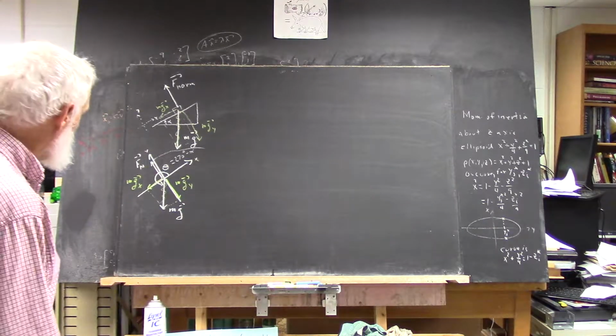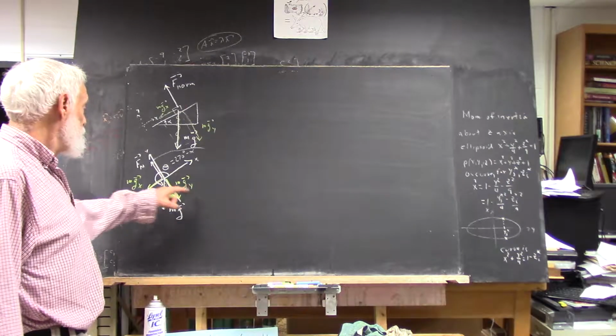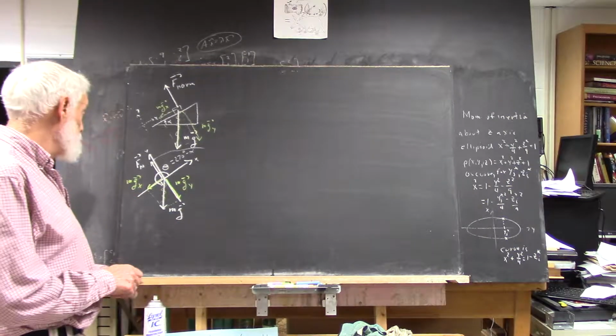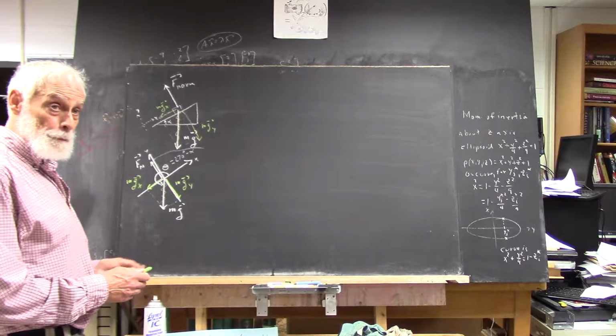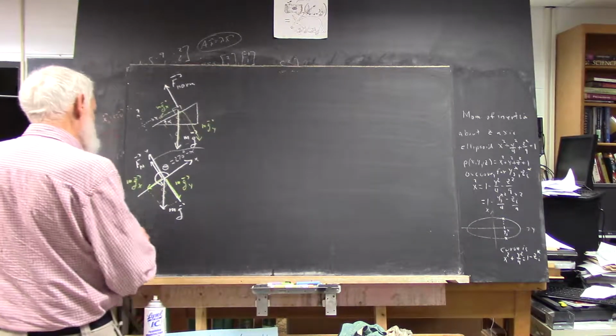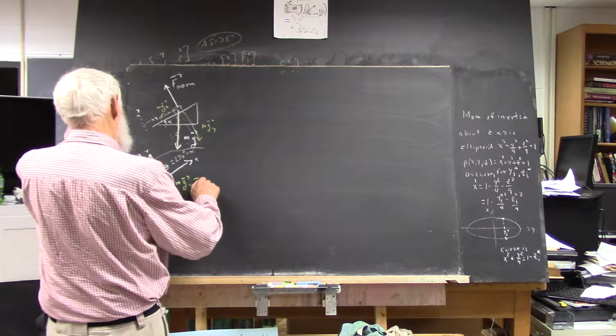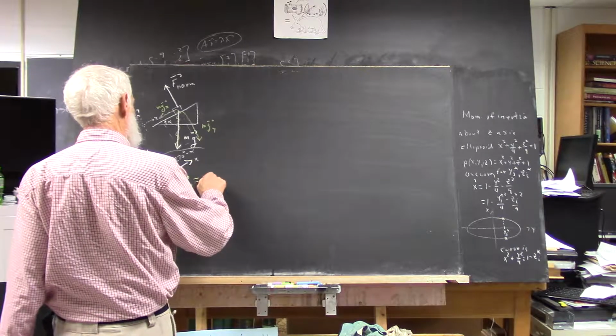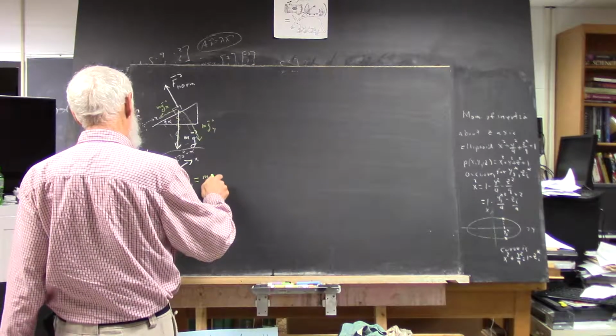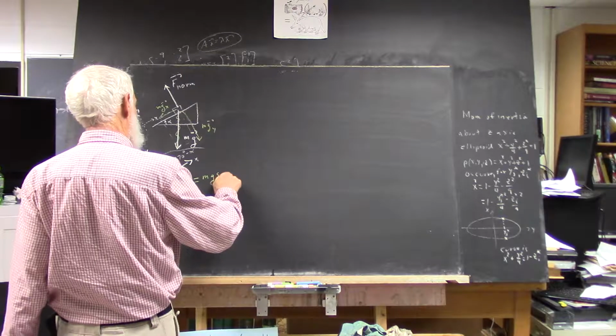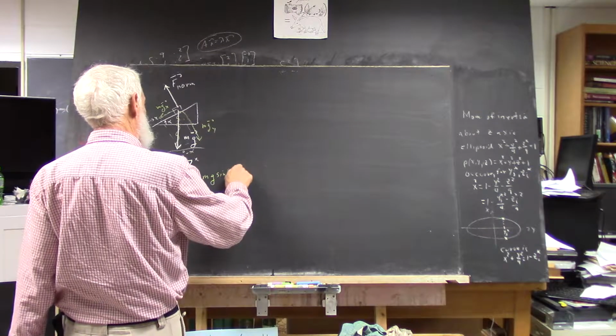Okay, so there we have it. So now we can easily calculate mgy and mgx, okay? mgy is mg sine theta times j.